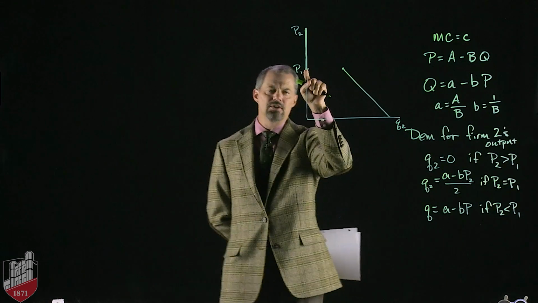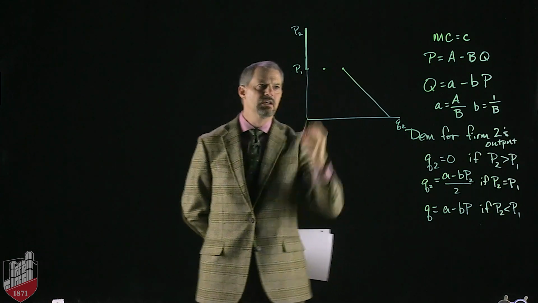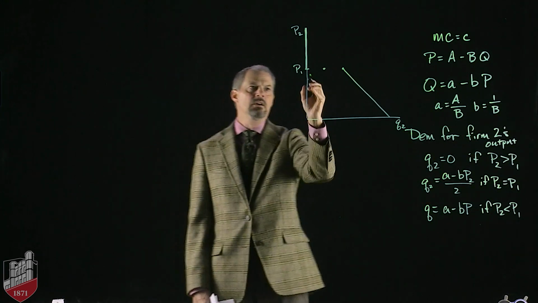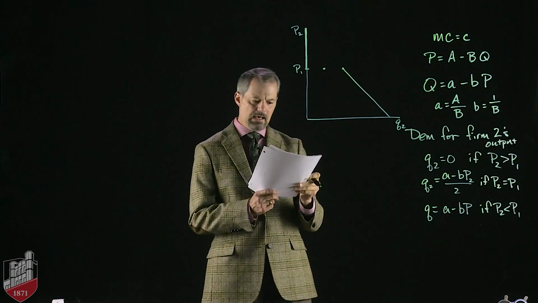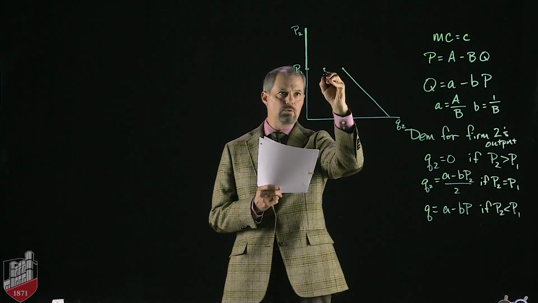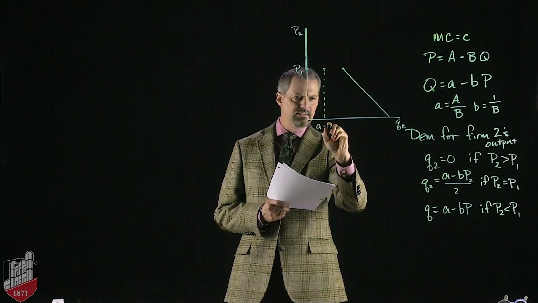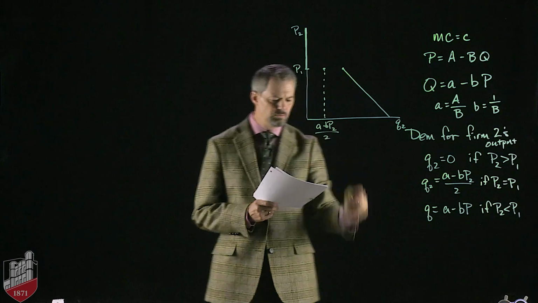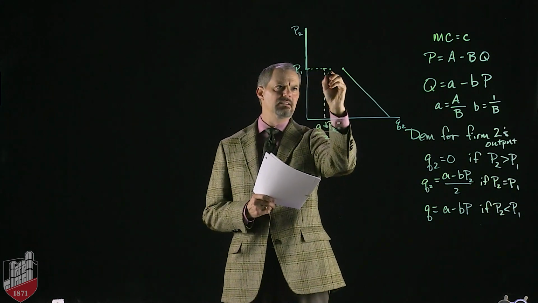But if firm 2 has a price that's exactly equal to P1, they split the market. So their quantity demanded is going to be right there in between the full market quantity, and this quantity right there would be A minus BP2 over 2. Let's put a little dotted line right there.